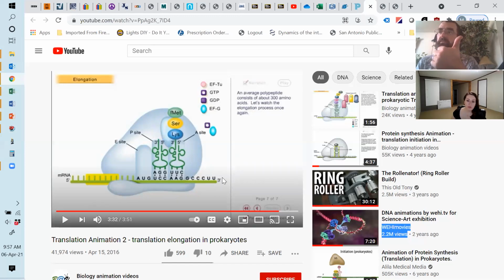So 1 ATP to add the amino acid to the tRNA, 1 GTP to bring the tRNA into the ribosome, and the second GTP to move the ribosome 1 word along, 1 codon along. So essentially, for every amino acid that's added to that polypeptide chain, it takes 3 units of energy.